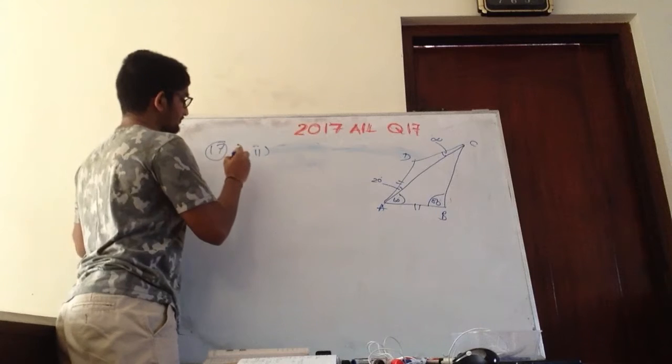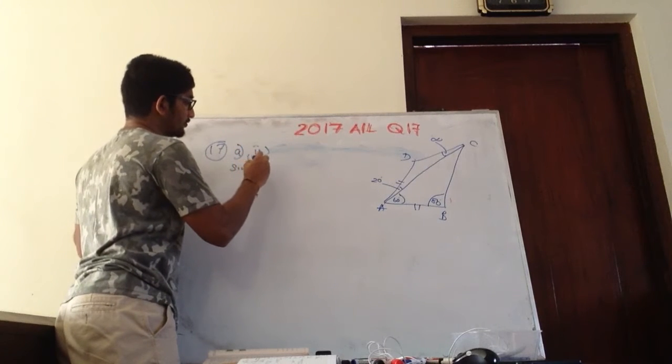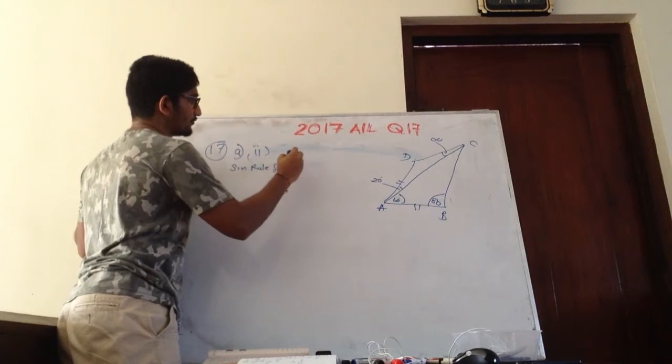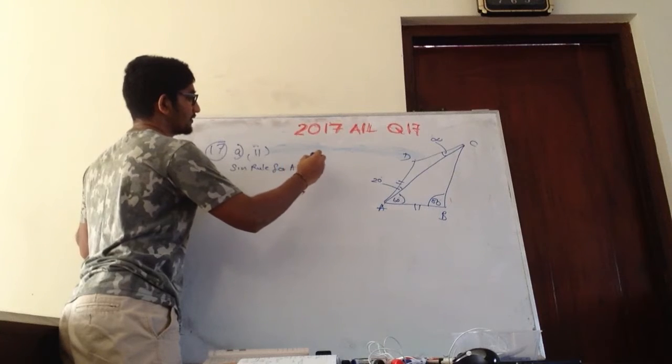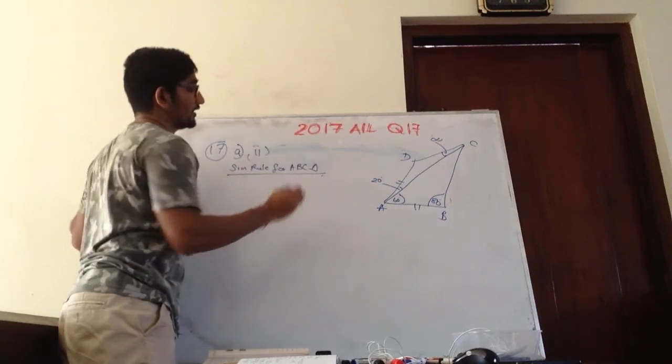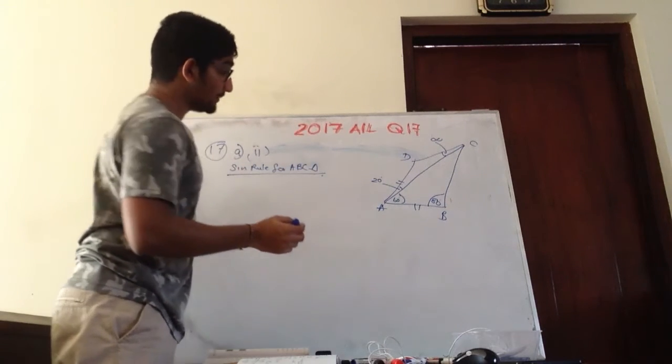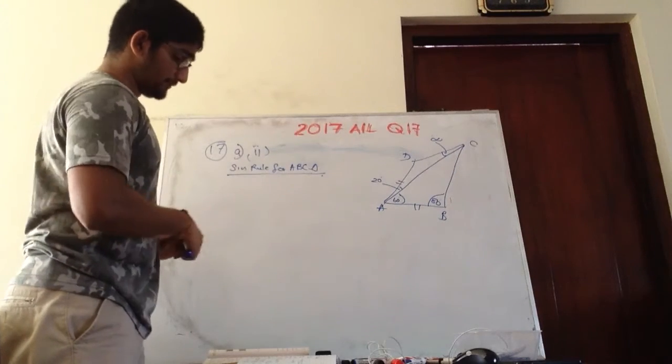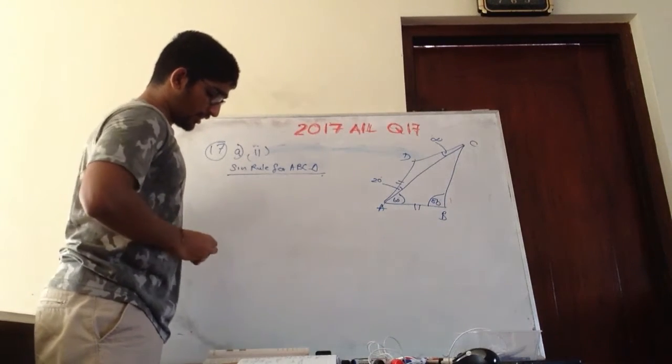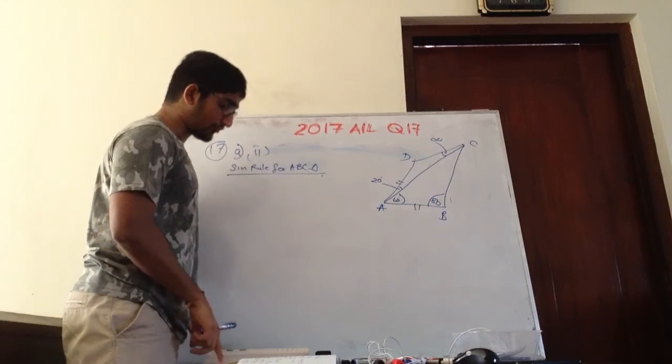So now, the sine rule for ABC. We need the ratio of AC and AB.